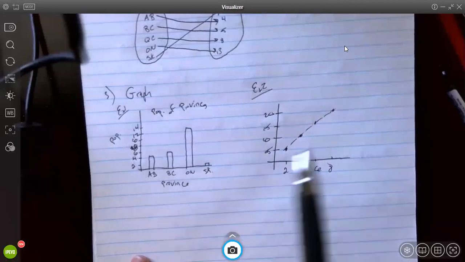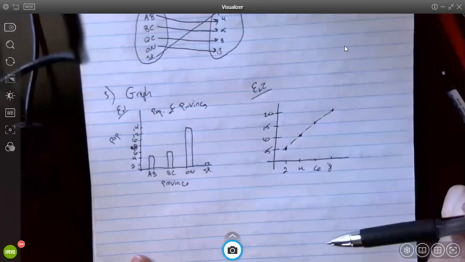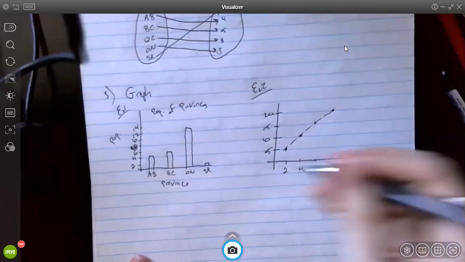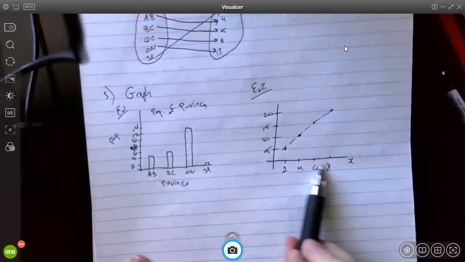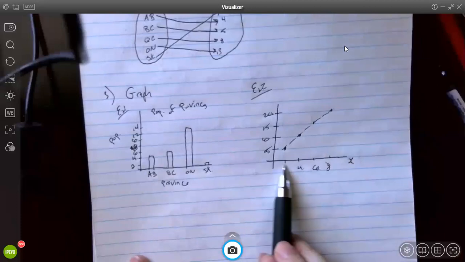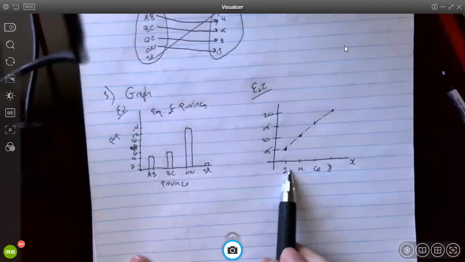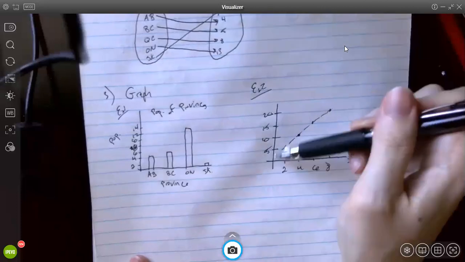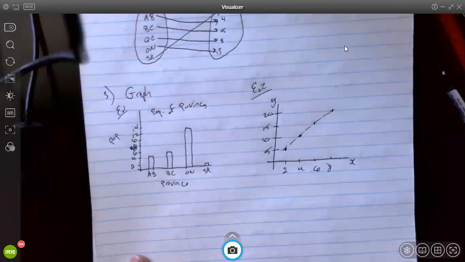I can also, of course, have a graph where on both axes I have sets of terms which are numbers. And in that case, you do have to make sure that on your x-axis, which is the horizontal one, you have your independent terms. And on your y-axis, which is the vertical one, you have your dependent terms. And we'll talk about what that means in a moment.